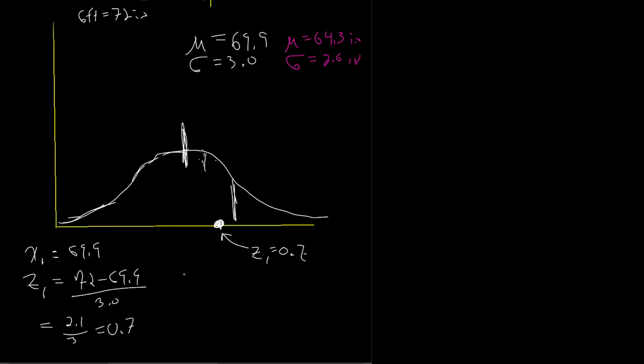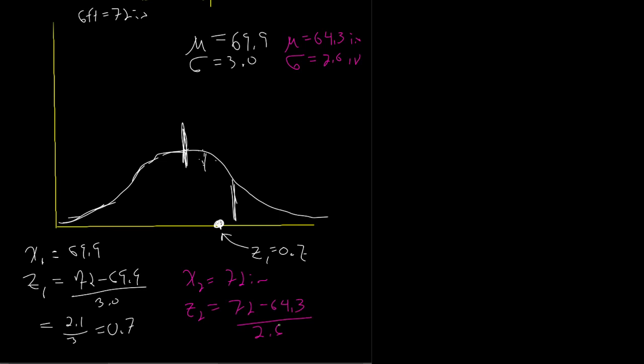But we do the same calculation on the distribution for women. Again, different distribution, but we're using the z-score to talk about the position. And so we get 72 minus 64.3 over 2.6.